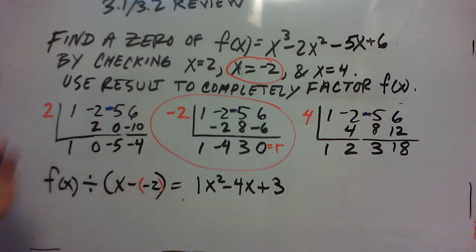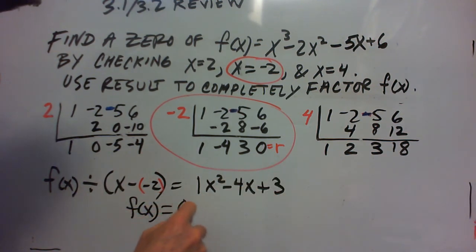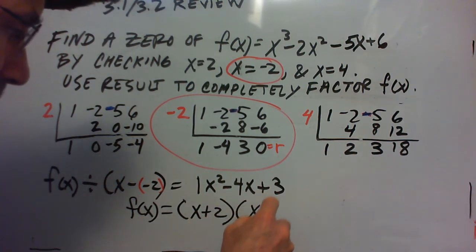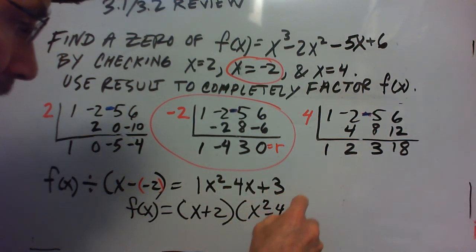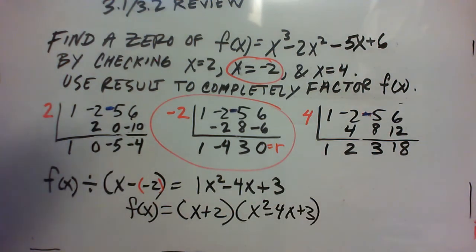In other words, x plus 2. But it also means, since f of x divided by x plus 2 is this answer, that f of x is x plus 2 times our answer that we got down here, x squared minus 4x plus 3.